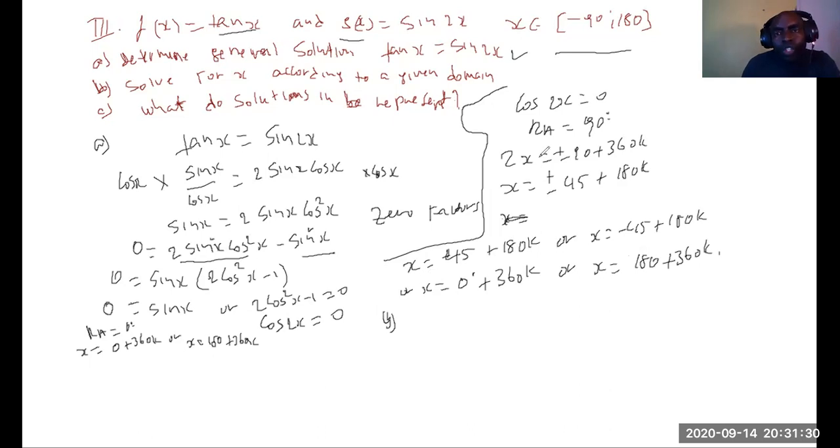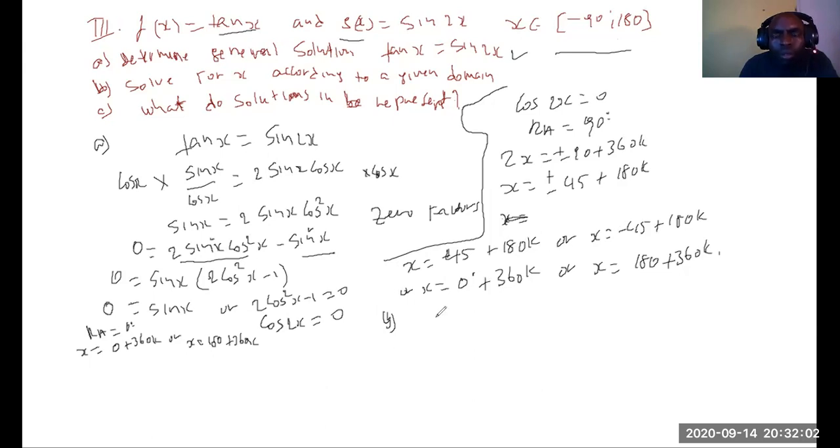We are looking at a range of negative 90. Let's make it negative 1, 0 and 1. If we put negative 1, this one would be negative 45.